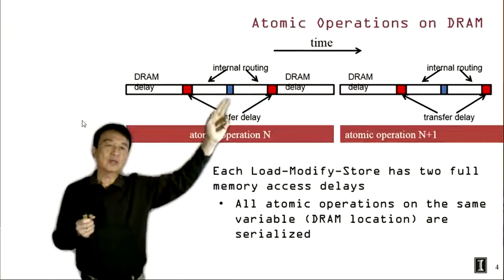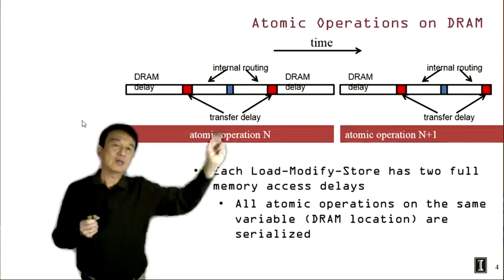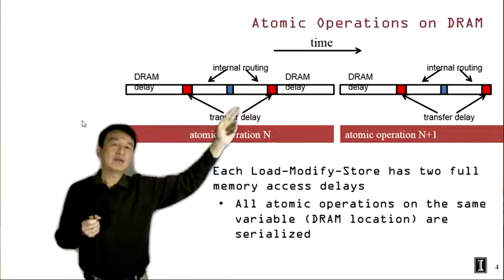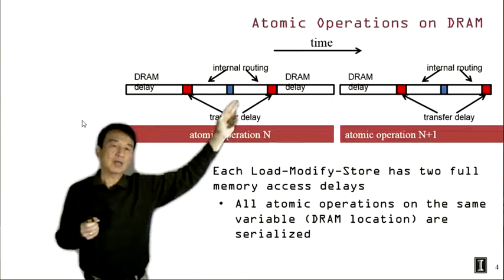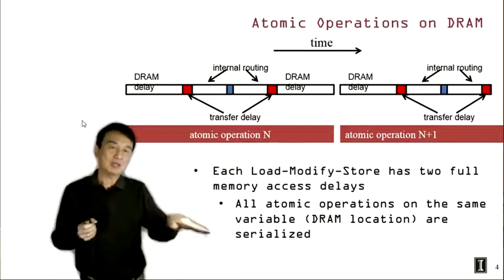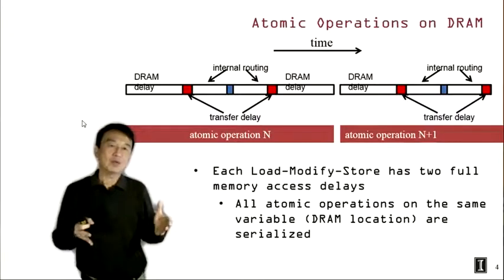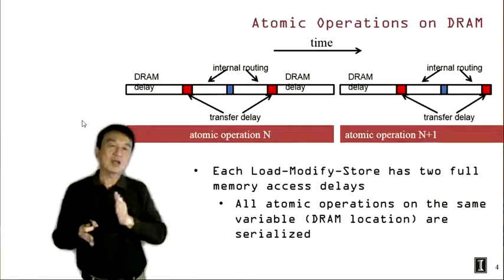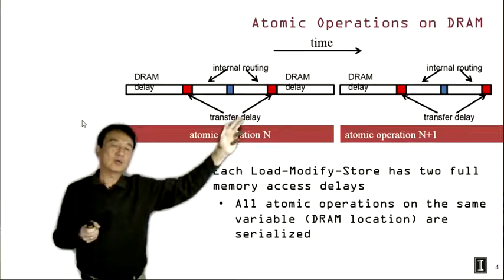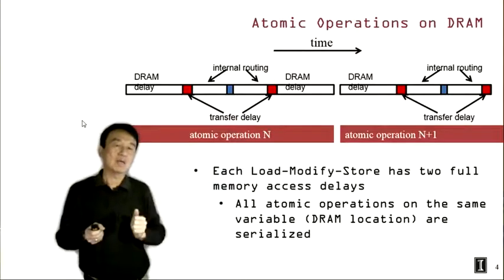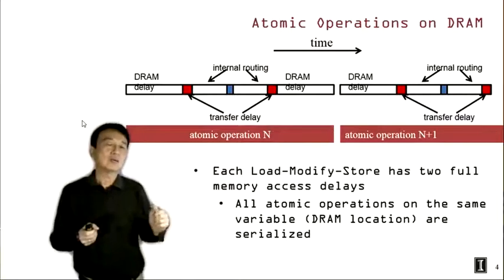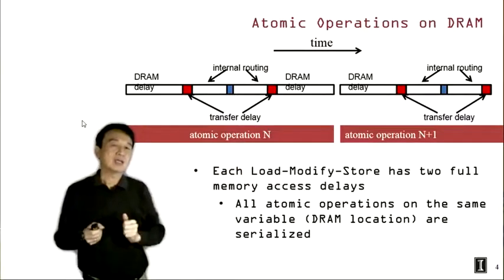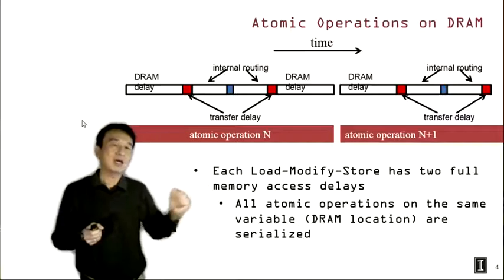Then we do a little calculation, which is the addition, and send the data out for the store. It goes through the routing network of the chip to the boundary, is transmitted from the chip to the DRAM, and is written into the DRAM core array. That is again a DRAM delay. We have the same timing for the next atomic operation.